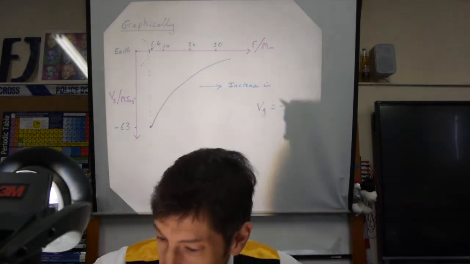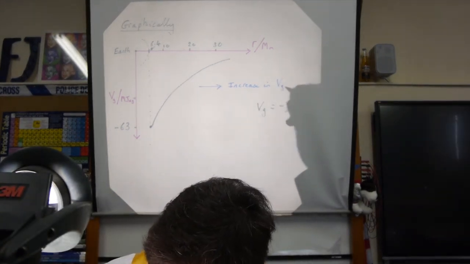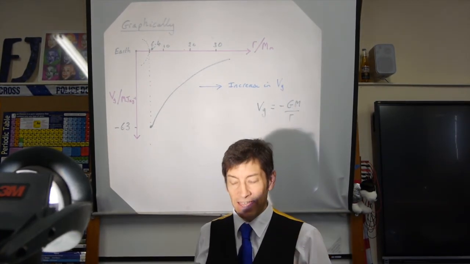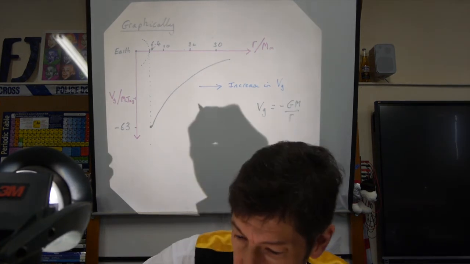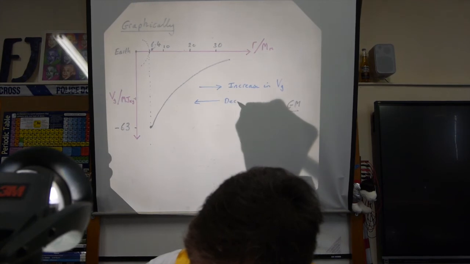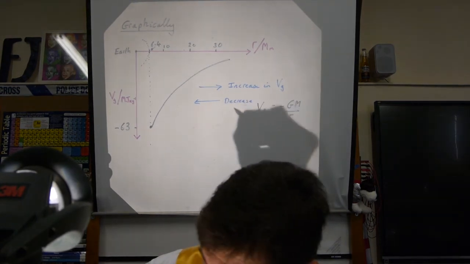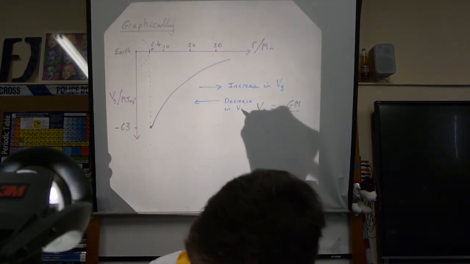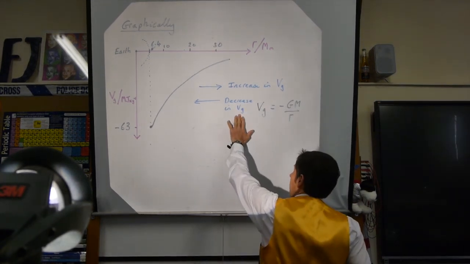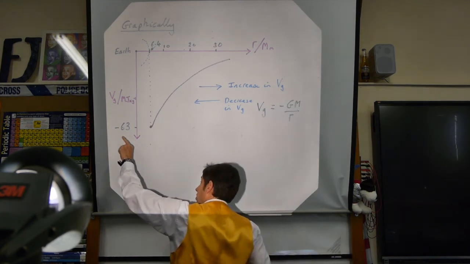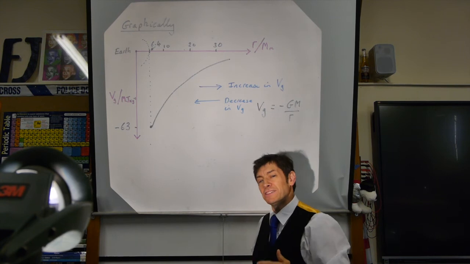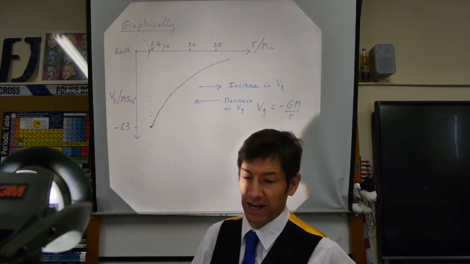So an increase in Vg, and what I mean by that, of course, is it's less negative. And obviously if we fall in towards Earth, there's a decrease in Vg. But I'm being careful what I mean by that. The Vg number goes up, doesn't it? But it's negative, so you've got even less gravitational potential energy.